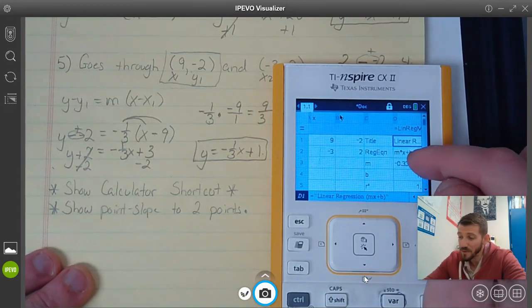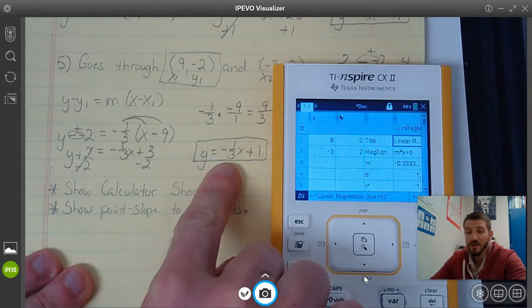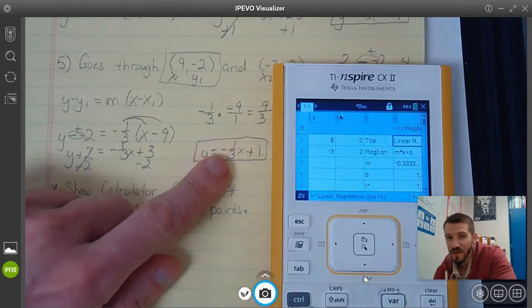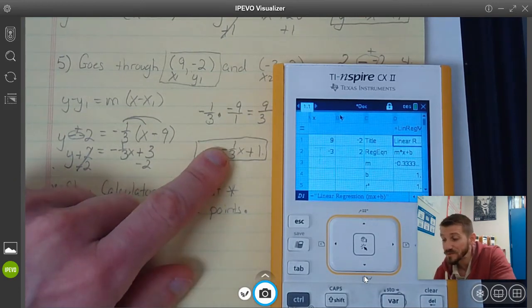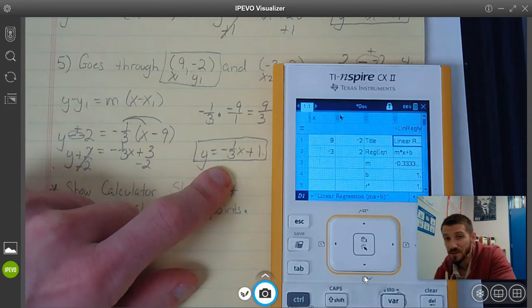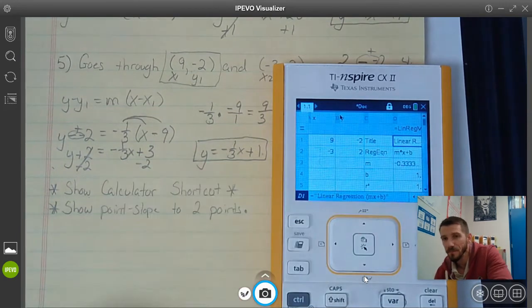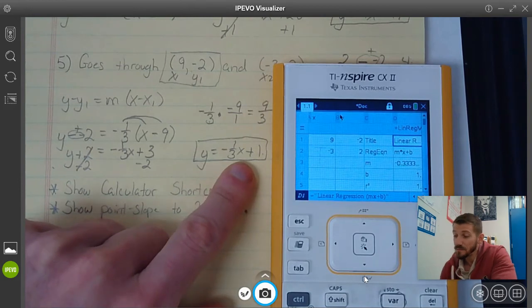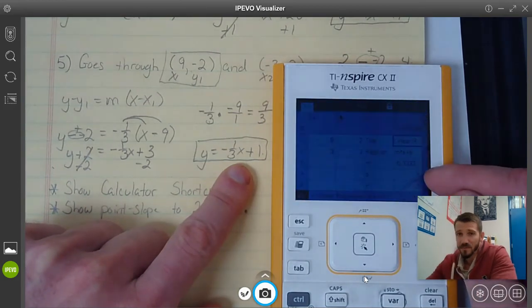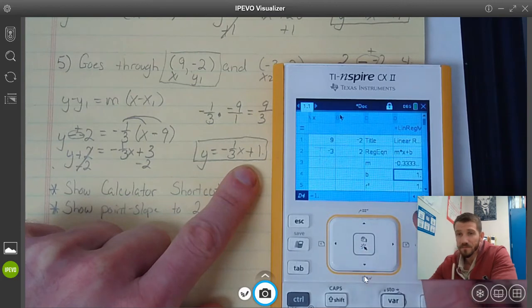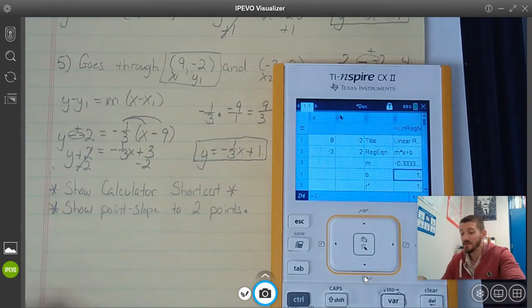It's negative 0.3 repeating, but that is the same thing as negative 1/3. If you run into that problem, you can always find out what this fraction is as a decimal. What is negative 1 divided by 3 in your calculator? And you would get negative 0.3 repeating. B, they said, is positive 1. And it is. So that's a way to do that in your calculator.